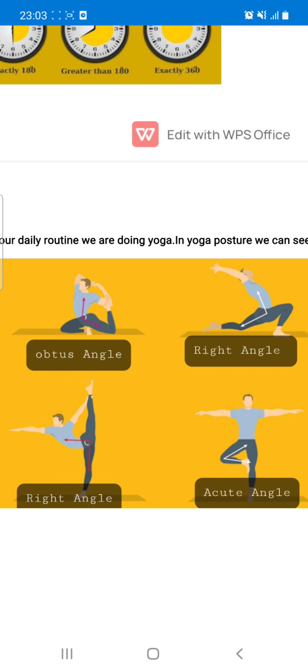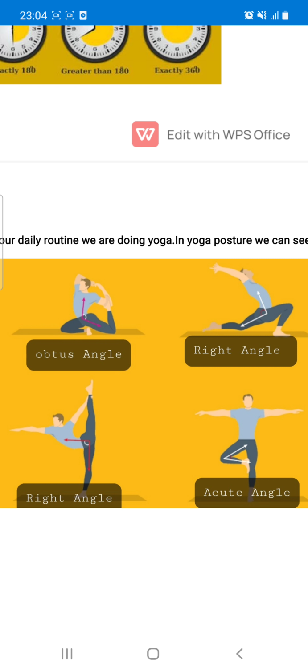In the first posture, from the red mark, you can see the angle is more than 90 degrees but less than 180 degrees, so it forms an obtuse angle. In the second picture, in another posture of yoga, you can see exactly a right angle. So this posture makes the right angle.